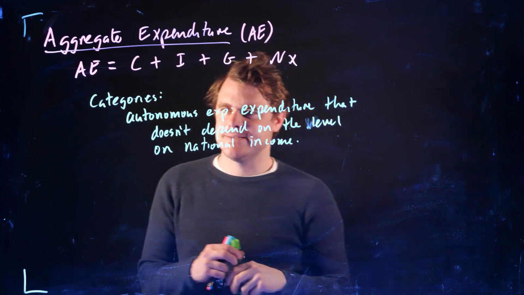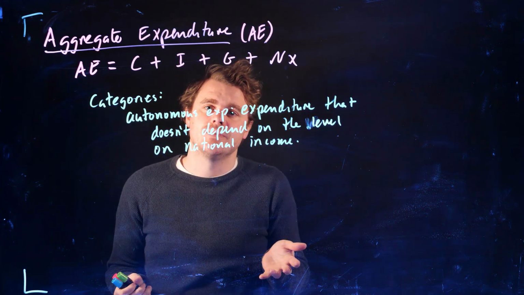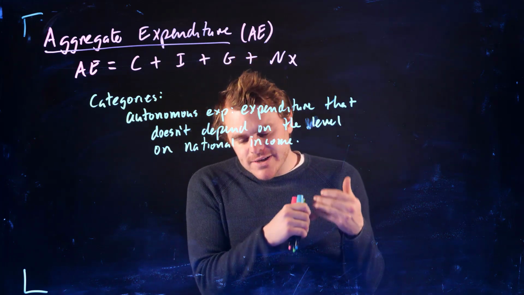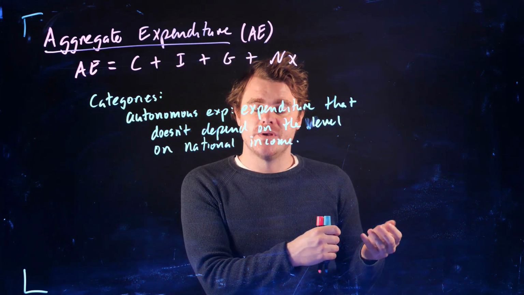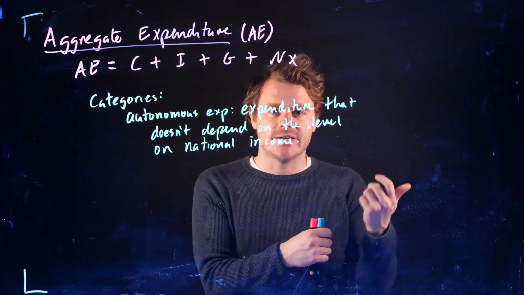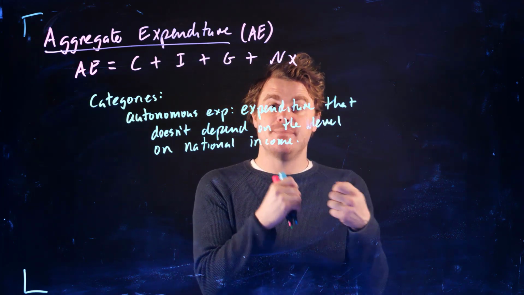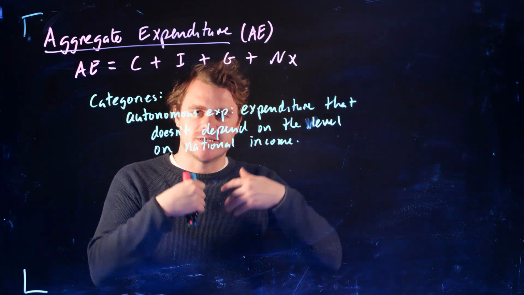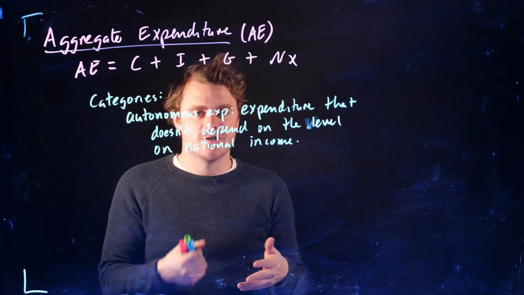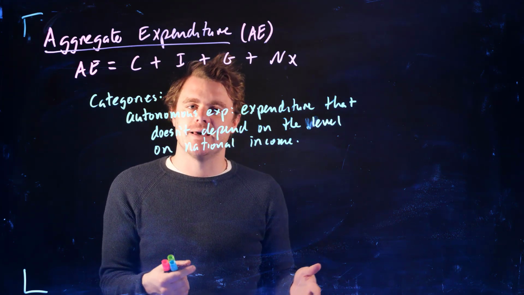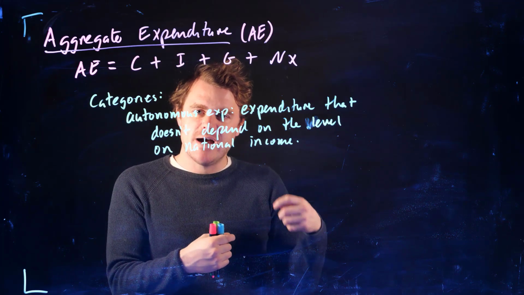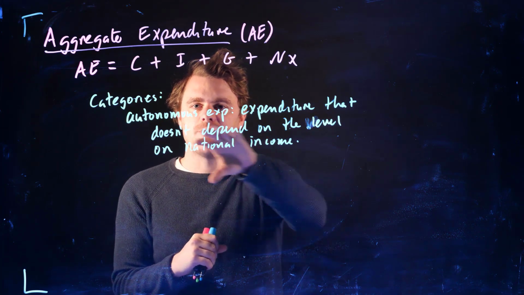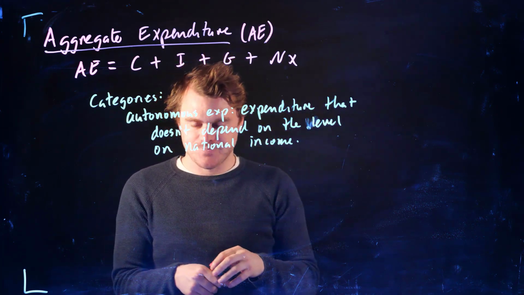Let's think about consumption to help with this definition. Regardless of your income, you always need to spend a certain amount on consumption just to live. If that means borrowing money, whatever that means, you need a certain amount in order to have some basic consumption, like food or shelter. That amount doesn't depend on national income. You're going to spend that no matter what. That would be autonomous expenditure.